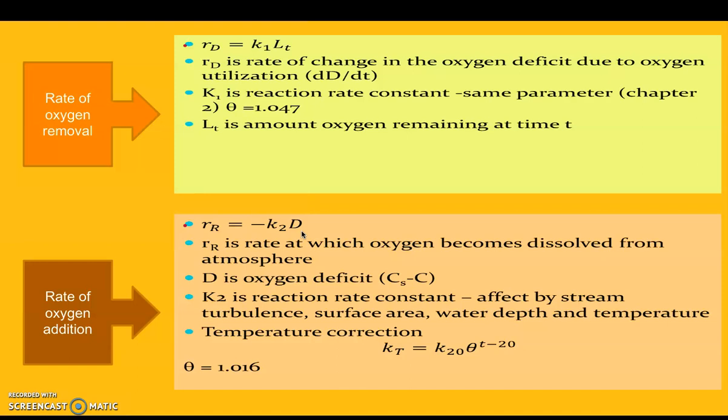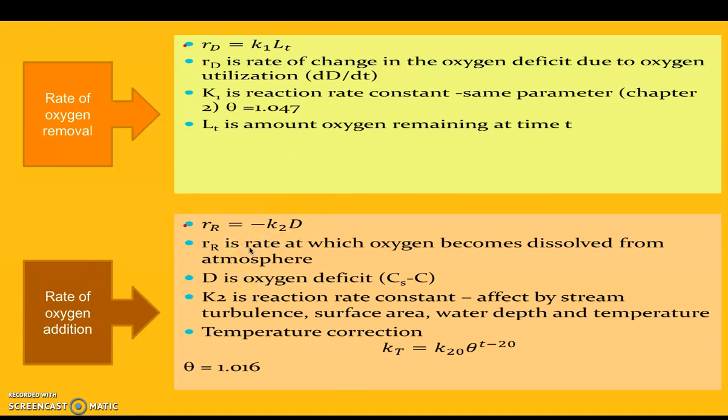D is the oxygen deficit, which comes from the previous equation, D equals Cs minus C. K2 is the reaction rate constant. This is affected by stream turbulence, surface area, water depth, and temperature.